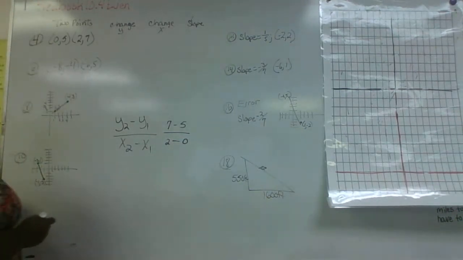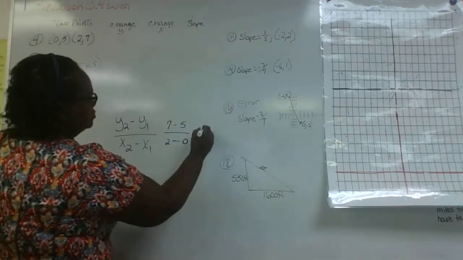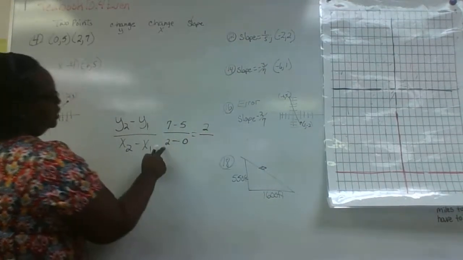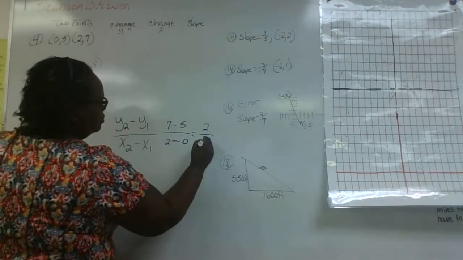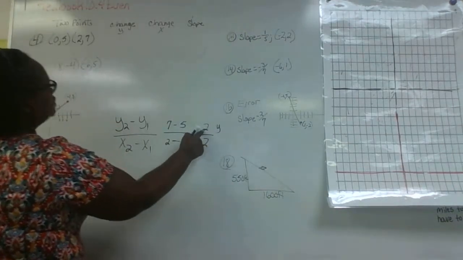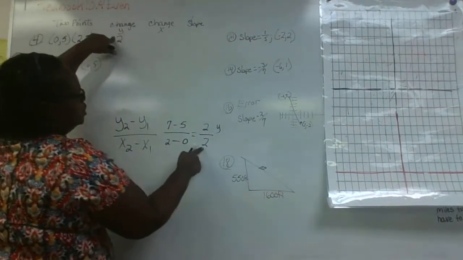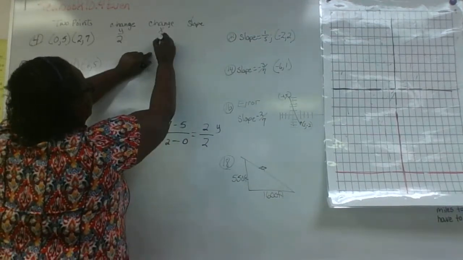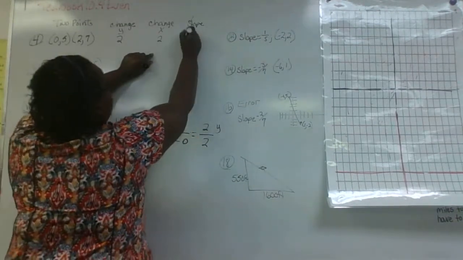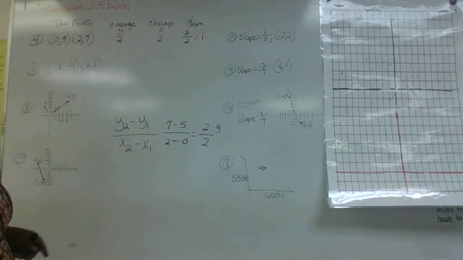All right, so therefore, 7 minus 5 is 2, and 2 minus 0 is 2. Our change in y was 2. Our change in x was 2. Our slope is 2 over 2, or 1. And that's how that is done.